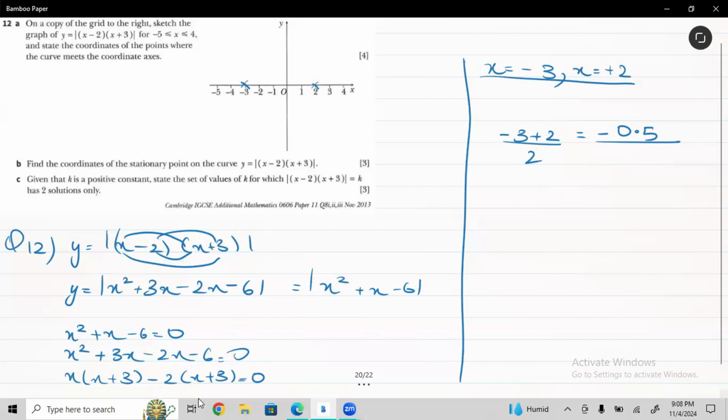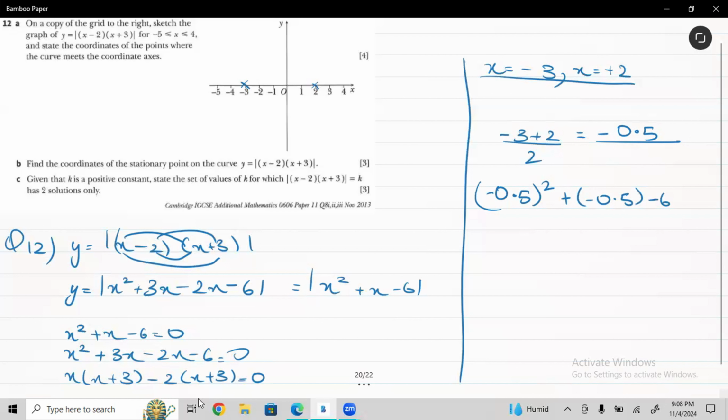Now we have the midpoint. What we're going to do now is find the y value for this corresponding midpoint. So we input this x value into the equation. We get negative 0.5 squared plus negative 0.5 minus 6.